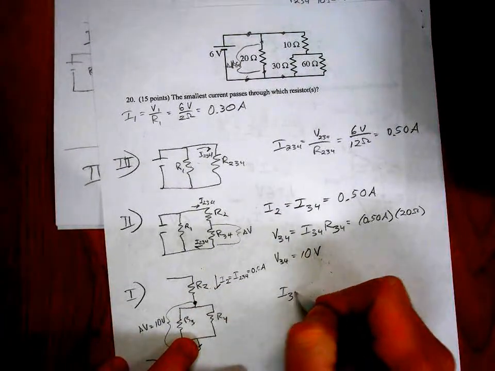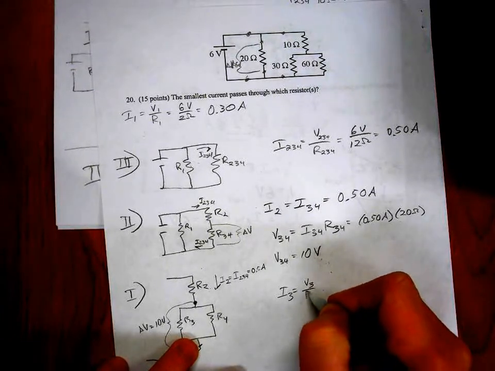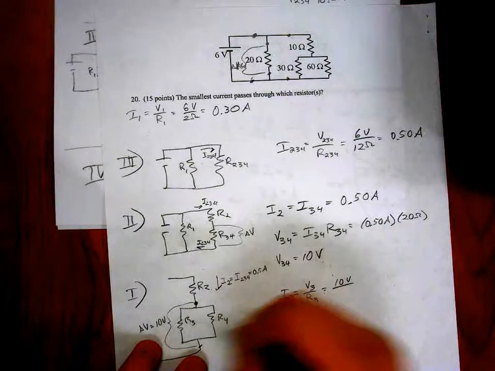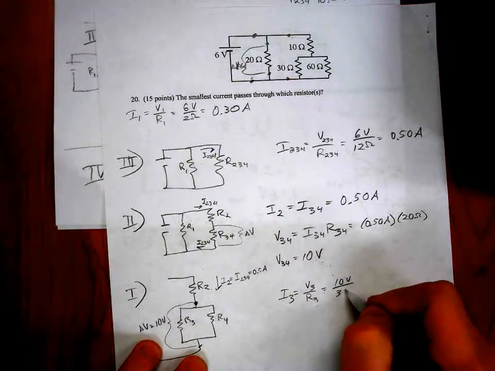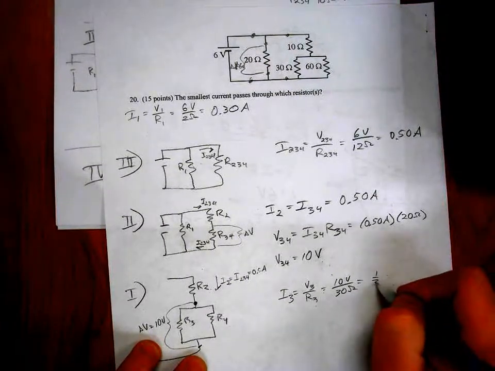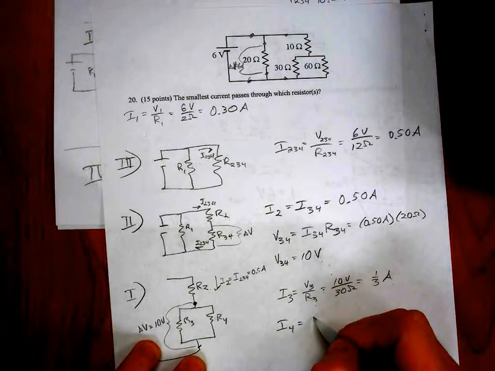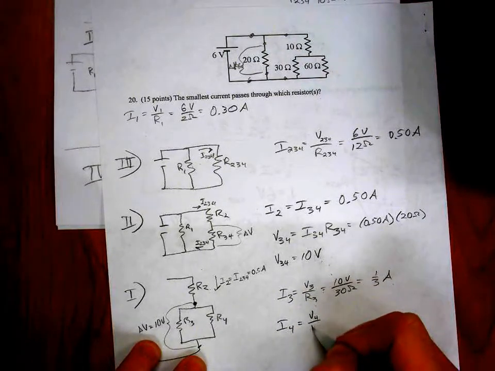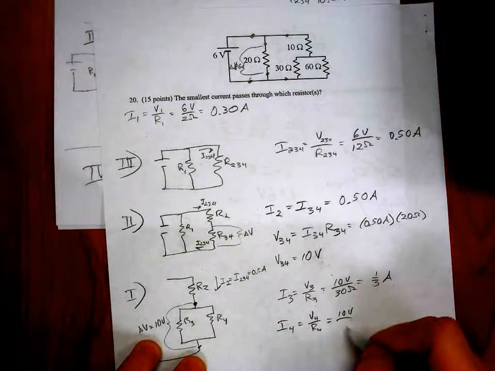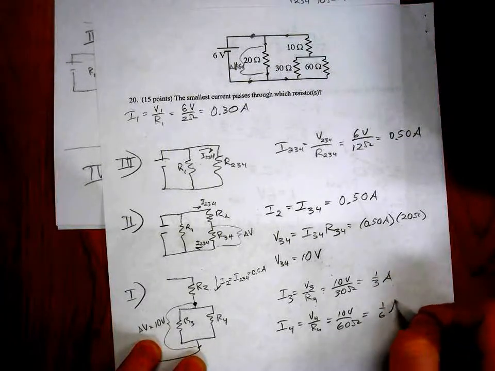So I3 is equal to V3 over R3. V3 is just equal to the 10 volts still. So that's 10 volts over R3, which is 30 ohms. So that's 1/3 amp. I4 is equal to V4 over R4, where V4 again is 10 volts, and R4 is now 60 ohms, so that's 1/6 amp.